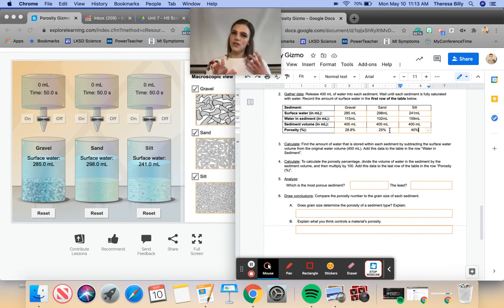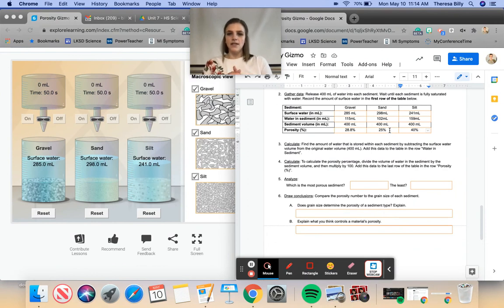Now that's weird to us in a way because you think, well, sand has these itty bitty little holes, kind of like silt, but then gravel has these huge, gaping areas between all of its particles. But notice that the numbers don't follow a trend, right? Just because grain size is increasing from silt to sand to gravel doesn't mean that porosity also increases. So be careful how you answer 6A. Definitely reference your data in that answer.